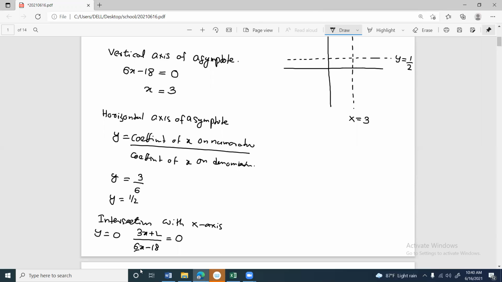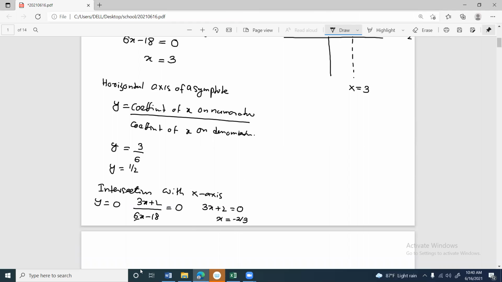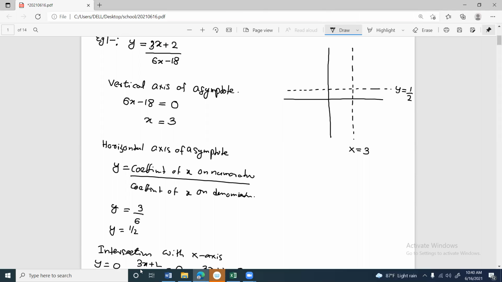If you cross multiply, you get 3x plus 2 equals 0, that is x equals minus 2 over 3. Then it meets the x-axis at minus 2 over 3. Sorry, I just made a mistake, it's not here. It's here, minus 2 over 3.